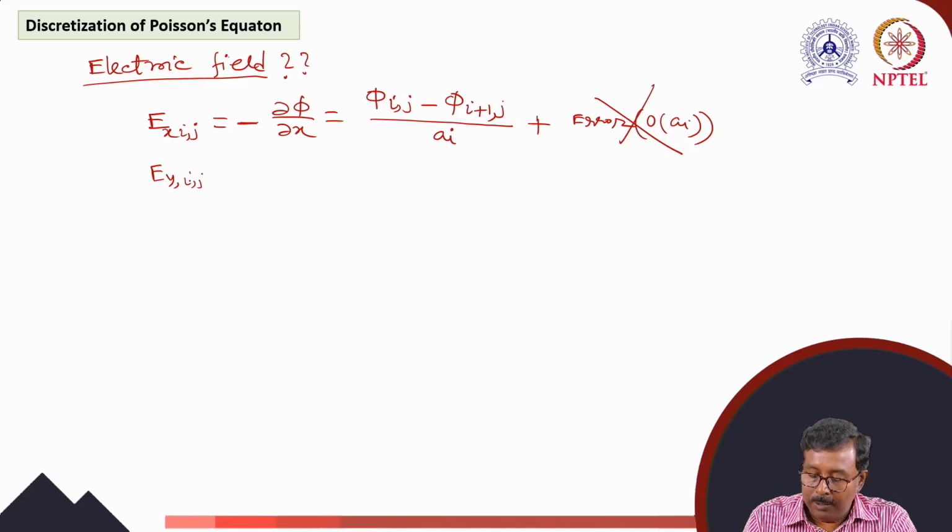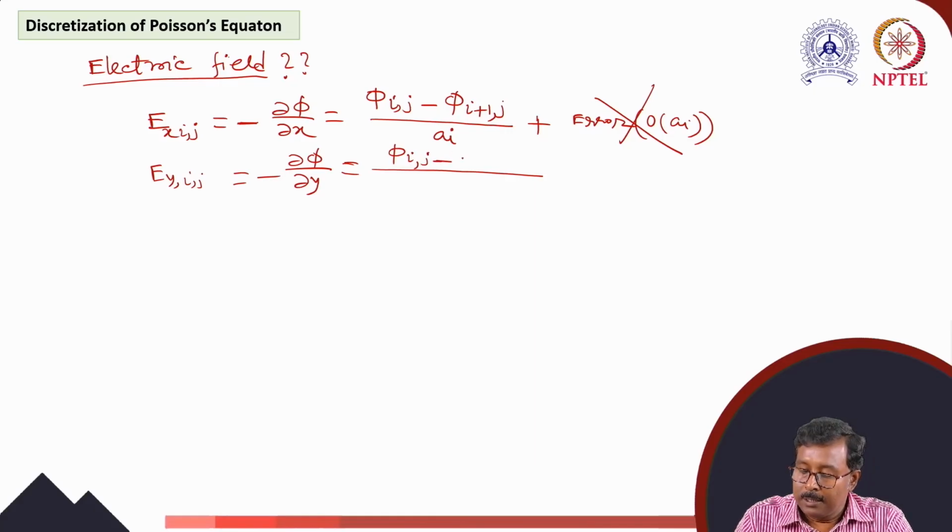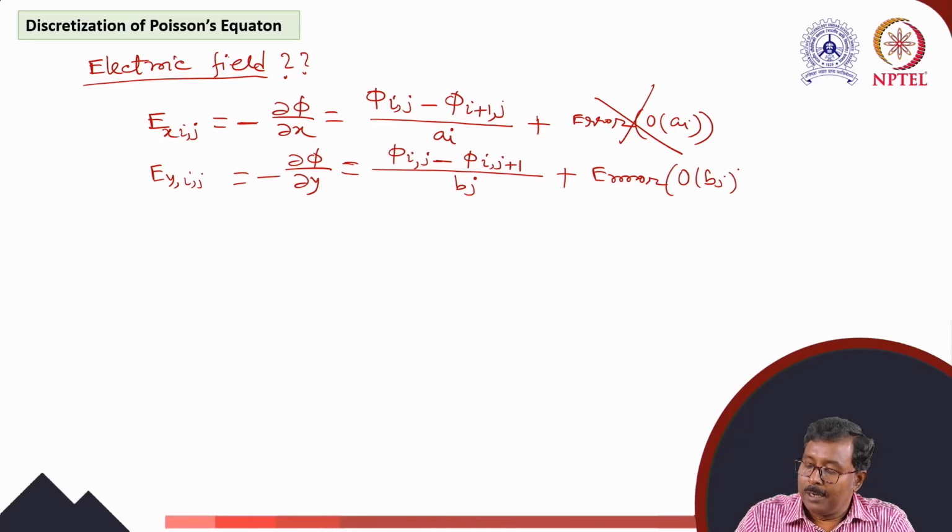Ey ij will be minus del phi by del y, and that will be nothing but, again, phi i j minus phi i j plus 1. Again the same thing, actually phi i j plus 1 minus phi i j by bj, plus some error of the order of bj, but this error is small, neglected.